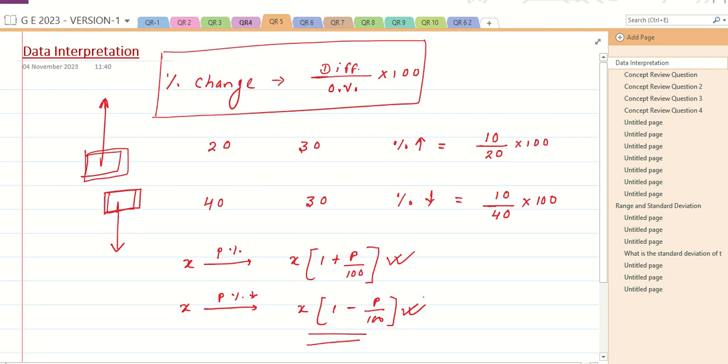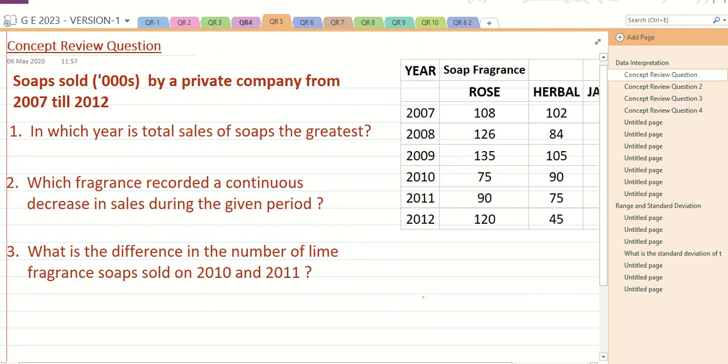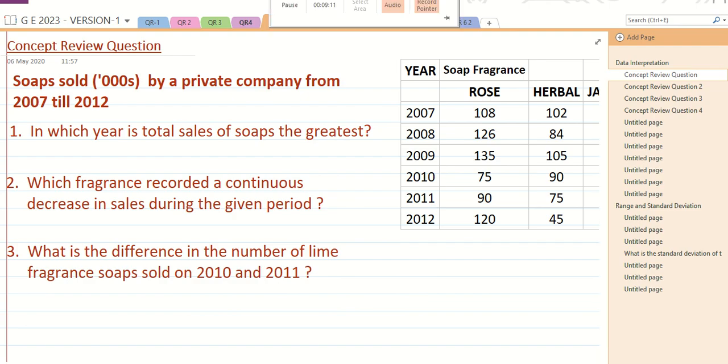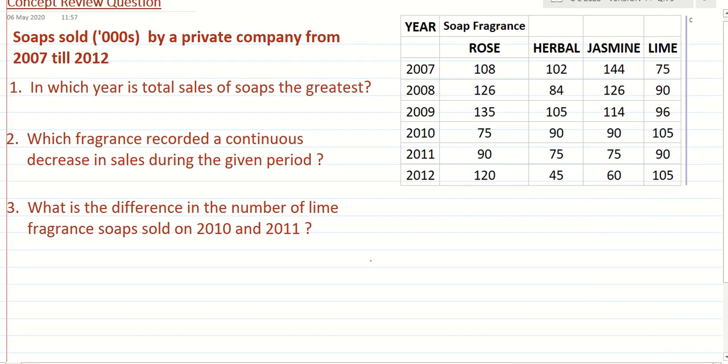Right? We'll try solving questions now. Let's go ahead with this one simple question. This is very simple. Tell me the answer for this quickly. In which year is the total sales of the soap the greatest? Just looking at this, should I look at the row or column? What is the question?